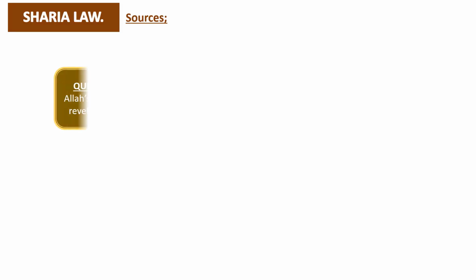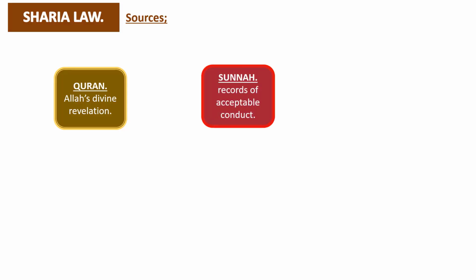Now the sources of Sharia law: the Quran, their holy book that contains Allah's revelation to its subjects through the Prophet Muhammad. The second one is the Sunnah, which is a record of what has come to be acceptable course of conduct expected of the people who subscribe to the religion.